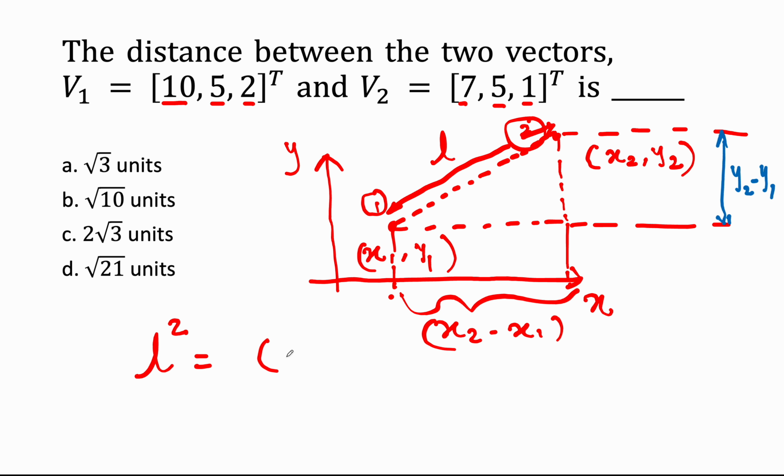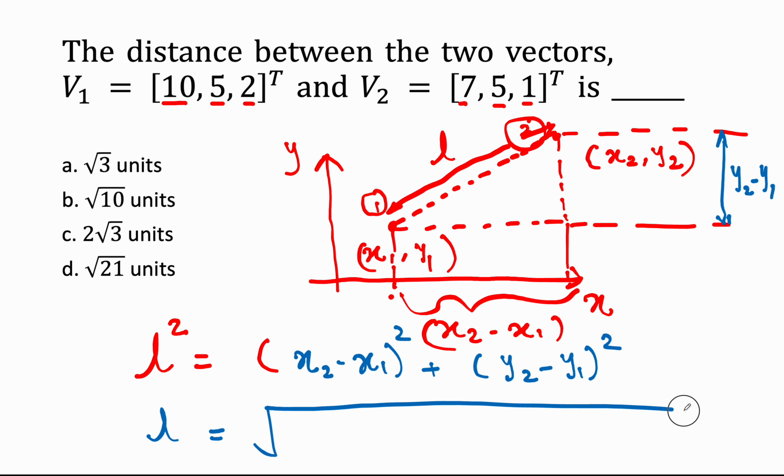So we can get the distance square, which is x2 minus x1 square plus y2 minus y1 square, and we can get the length as the square root of x2 minus x1 square plus y2 minus y1 square.